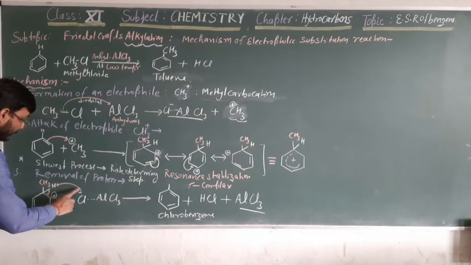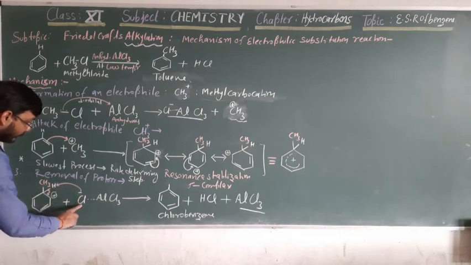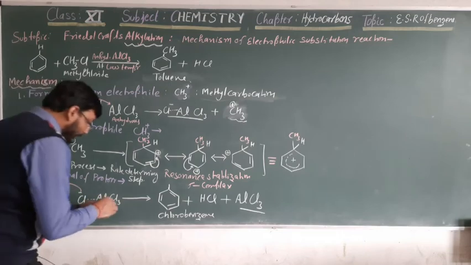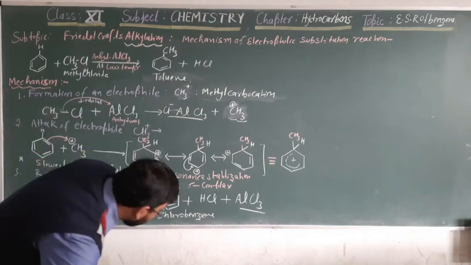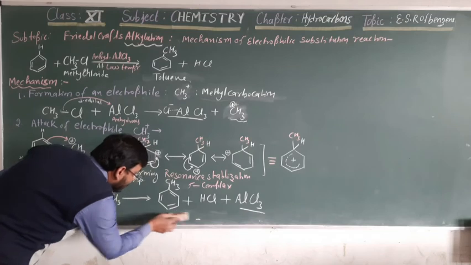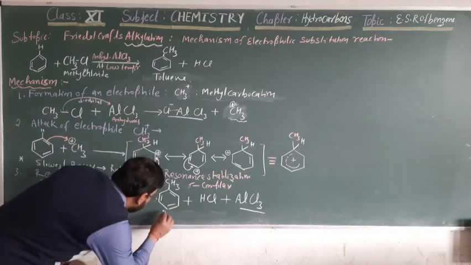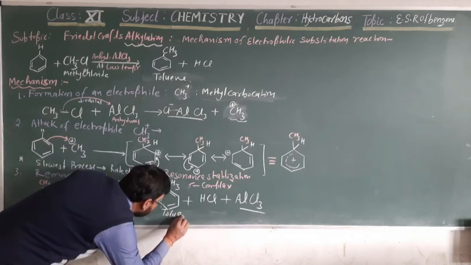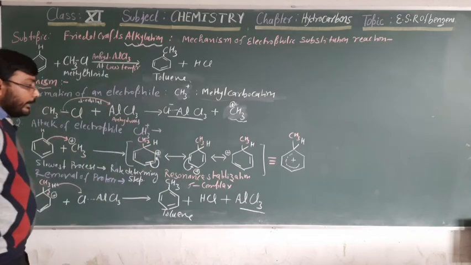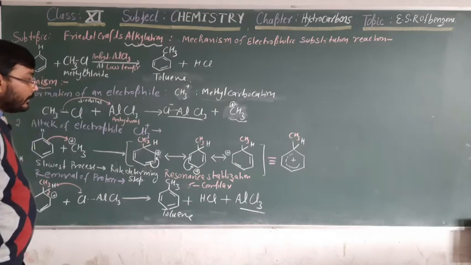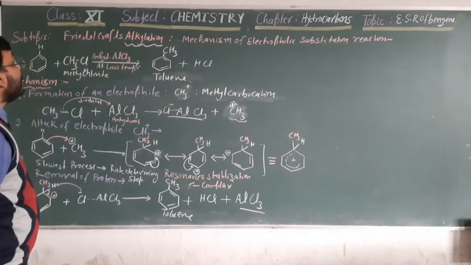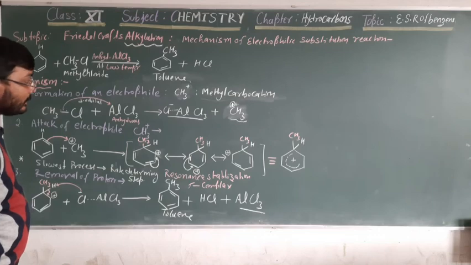So hydrogen will be abstracted by this complex and we get the product overall. The product name is toluene. Everything is the same, just instead of chlorine we take CH3Cl. So this is the whole of Friedel-Crafts alkylation.